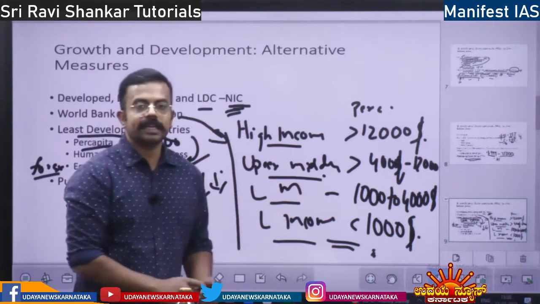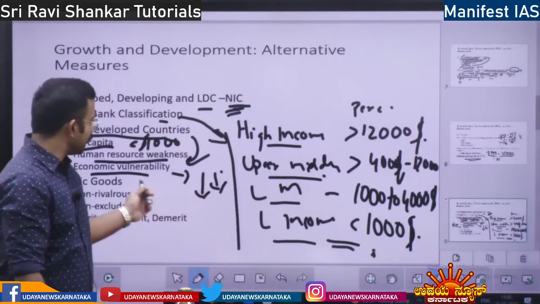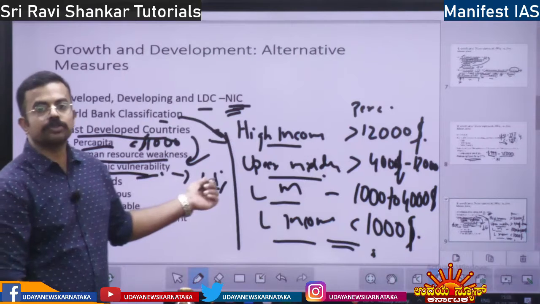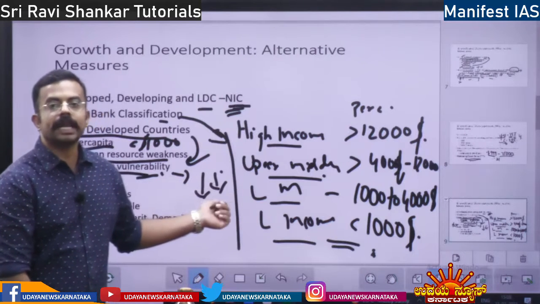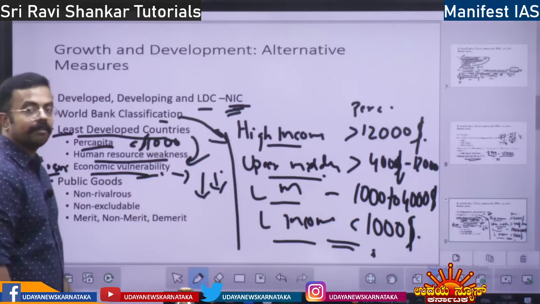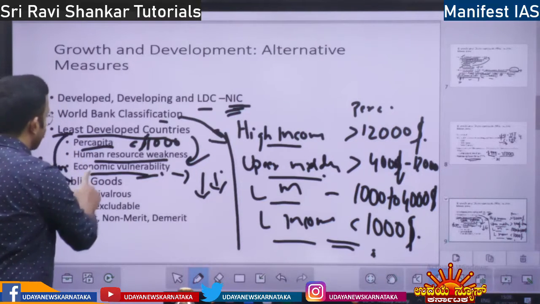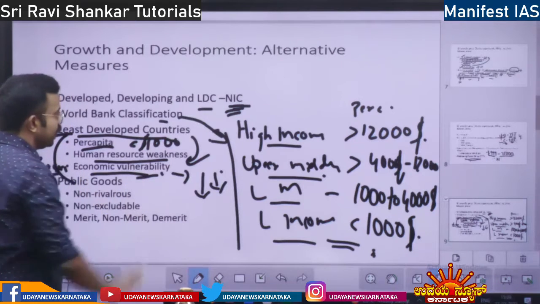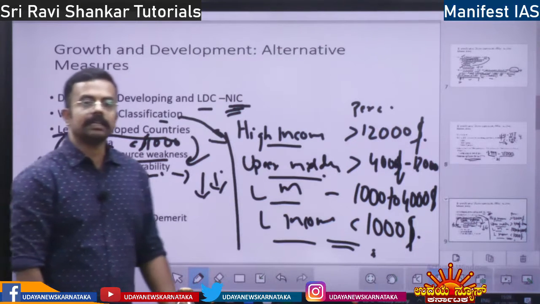And the banking sector will be weak. There is no investment, there is no trade. So all these criteria relate to least developed countries: per capita income, human resource weakness, and economic vulnerability, right?